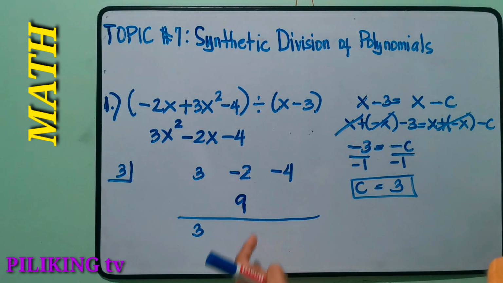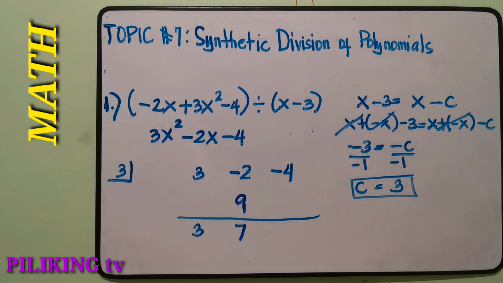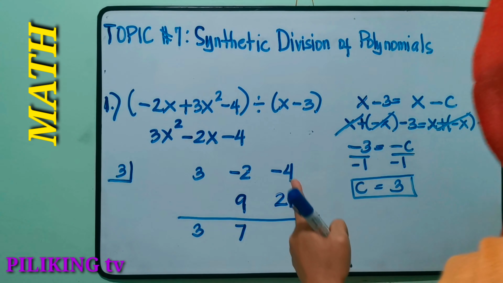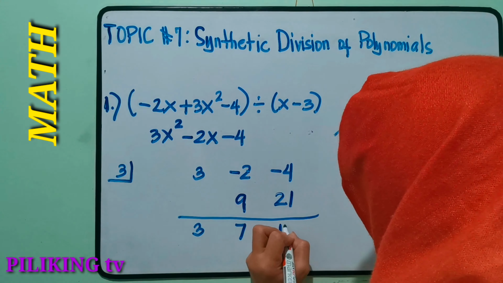Then, what is negative 2 plus 9? That is 7. Next, in step 4, multiply 7 to the test 0, which is 3, so that you will get the next one. So, 7 times 3 is 21. Then negative 4 plus 21 is 17.